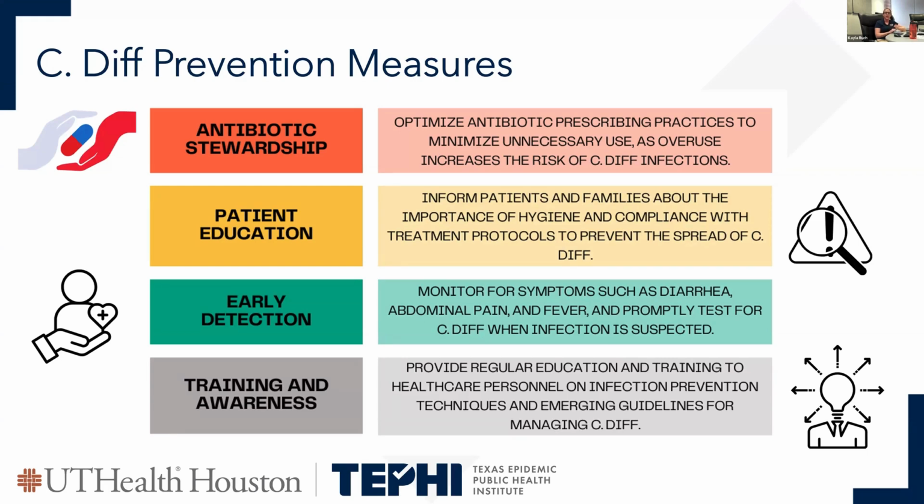And then we are training and building awareness about C. diff: what it looks like, the symptomology, why it's important, why we need to be wearing our proper PPE, and not using alcohol products because they're not effective, and that includes our alcohol-based hand sanitizers. We are washing our hands with soap and water.